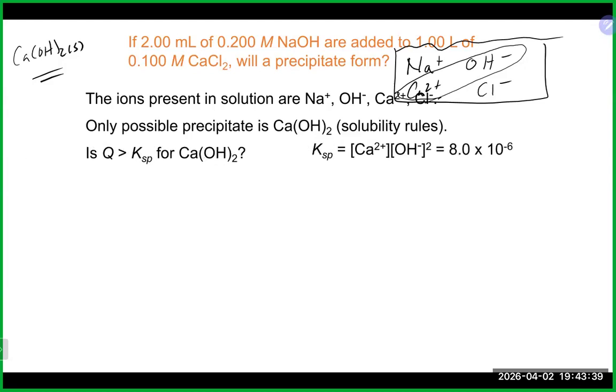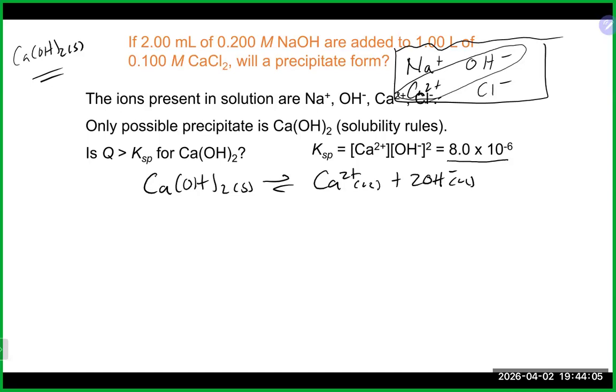You can look it up in the table, and it is 8 times 10 to the minus 6. This is our only option of a possible solid forming, which will break apart into a calcium ion and a couple of hydroxides.